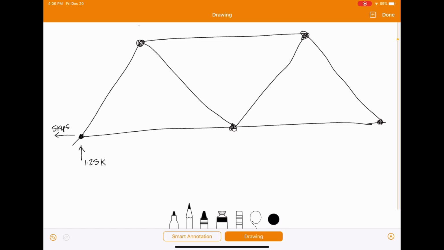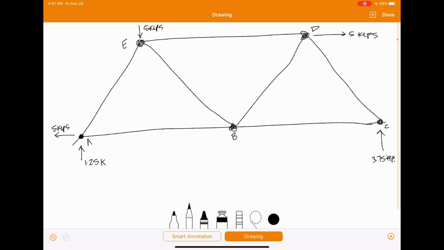And then we had 5 kips coming down here. And then we had 5 kips here. And we had our reaction at C as 3.75 kips. All right, let's go ahead and label our nodes. So A, B, C, D, and E.